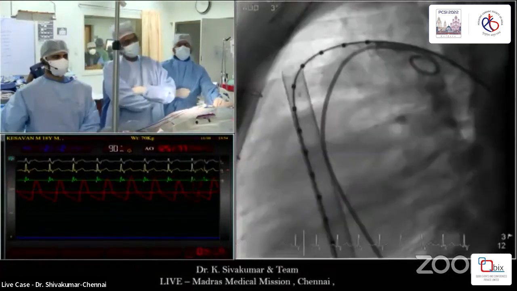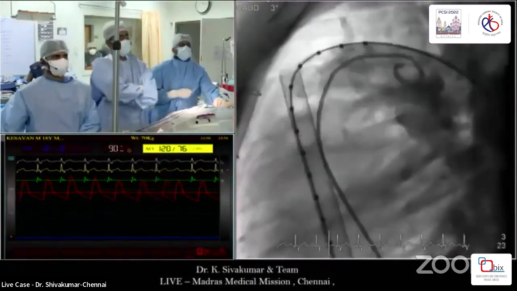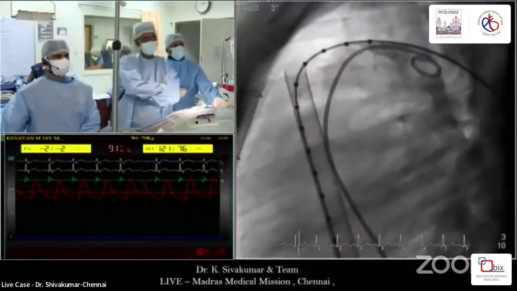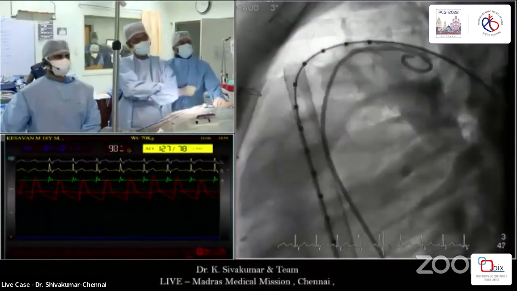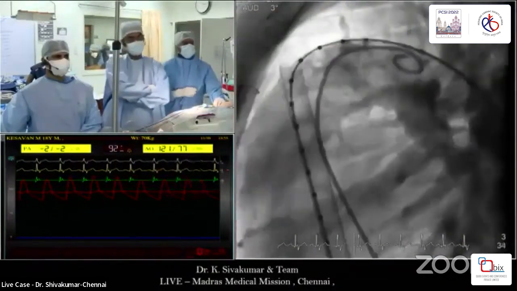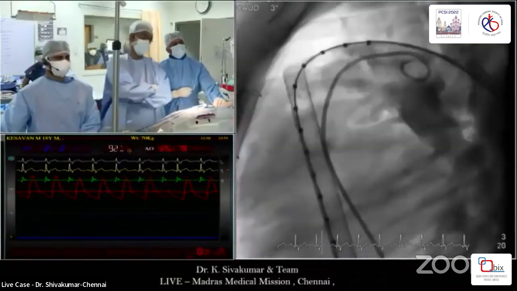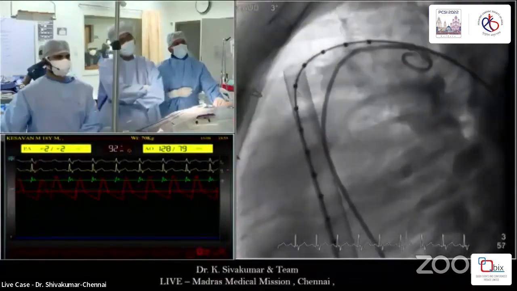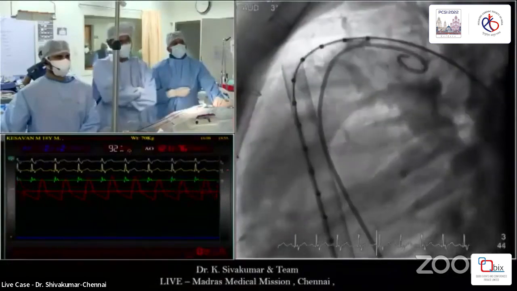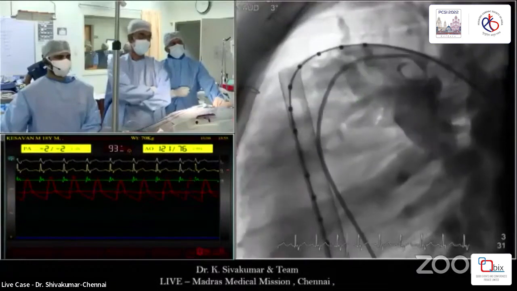So here we can appreciate that the guide wire is actually stretching out the outflow tract, and hence probably 35 may be acceptable, but we have to understand that 36 is the largest valve in Venus, and we don't have anything larger than that. And so we need to be very careful and ensure that the valve doesn't prolapse into the right ventricular outflow tract and into the right ventricular body after we release.